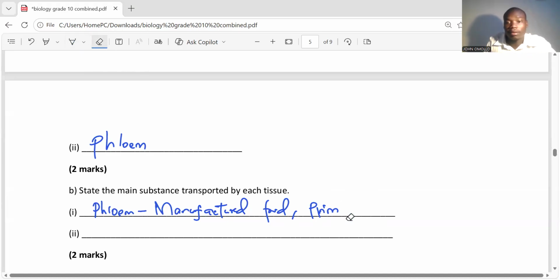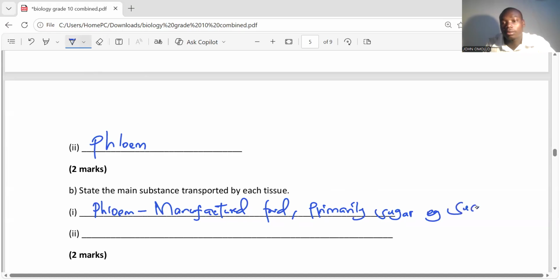Mind the spelling of primarily. Sugar, e.g. sucrose. So this one is what is being transported by phloem.